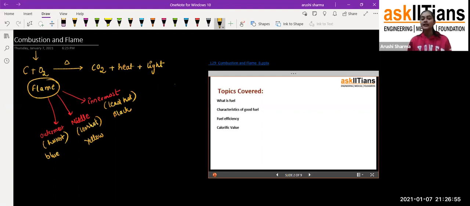Now, starting with the chapter, we have already done so much about combustion and flame. You know what combustible substances are. Combustible substances can also be called fuel. For example, whenever we go campfiring, or in the winter season, we generally get heat from wood logs by putting them on fire.